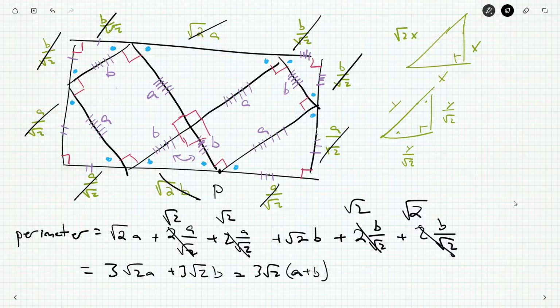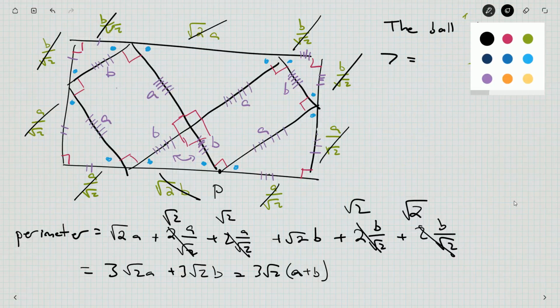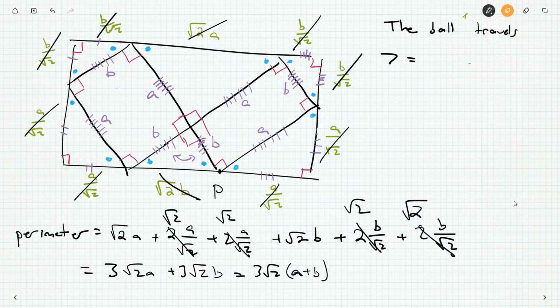But remember, I don't want to flip the page, because then I'd have to redraw the picture, so we'll just erase our observations from before. Notice that the ball travels a total of 7 meters. Let's get another color out here, how about the orange?